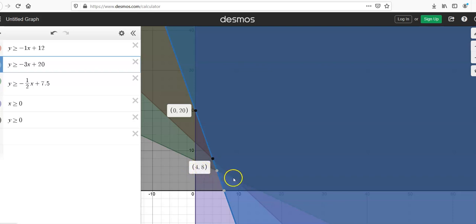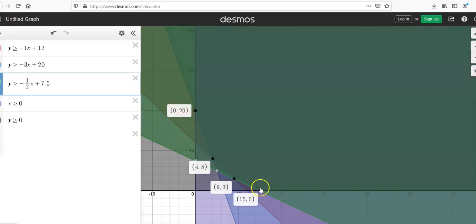And I do the same for the other points. So those are the 4 points of my feasible region. They're the black darkened points with the ordered pairs next to them. And those are the exact points I got this morning using the calculator and a lot of work by hand. So it was 0, 20, 4, 8, 9, 3, and 15, 0.